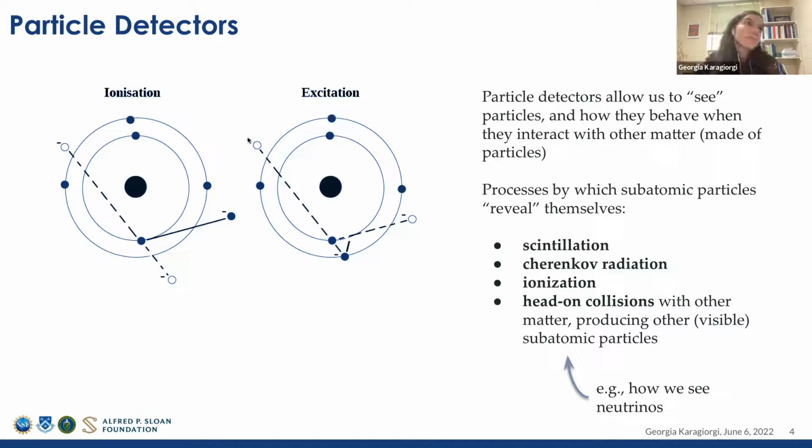But other times, this charged particle will simply impart just a little bit of energy to such an atomic electron, bumping it into a higher bound state. And then once it goes back to its ground state, it will lead to atomic de-excitation in the form of emission of a photon. And this is what can be detected as scintillation light from various, for example, organic materials.